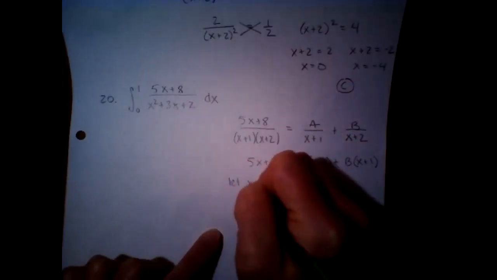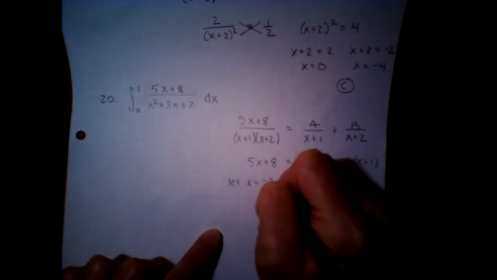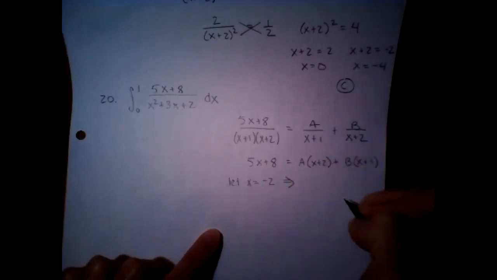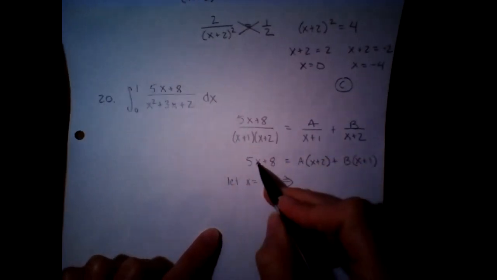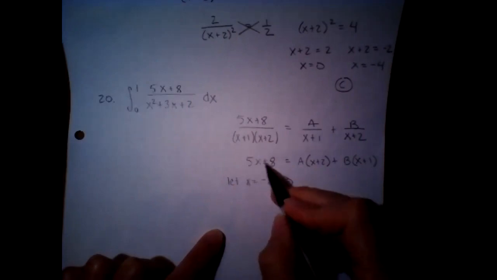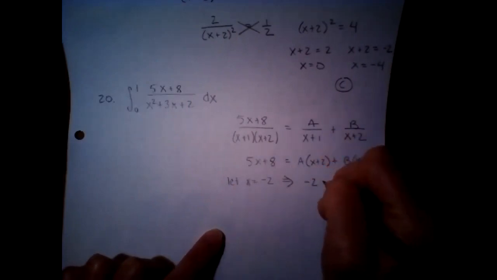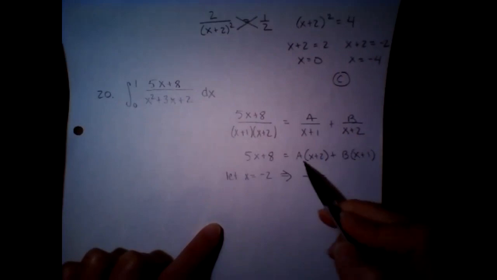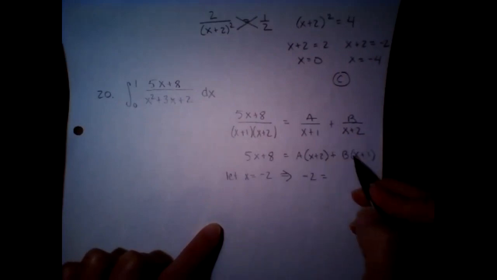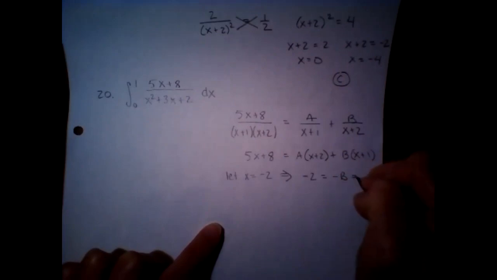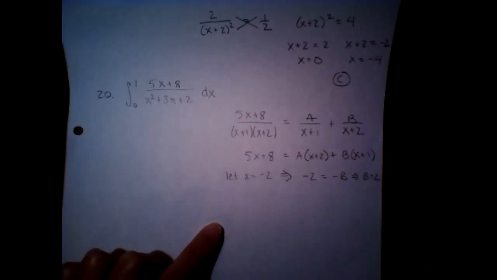So I'm going to let x equal negative 2, and we'll see what happens. So if x is negative 2, this would be negative 10 plus 8, so that'll be negative 2, equals, this will be gone, that was the whole point. And if x is negative 2, this will be negative b. And so that gives us that b is 2, so we got that.